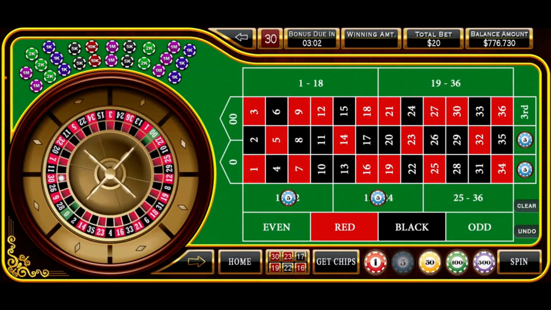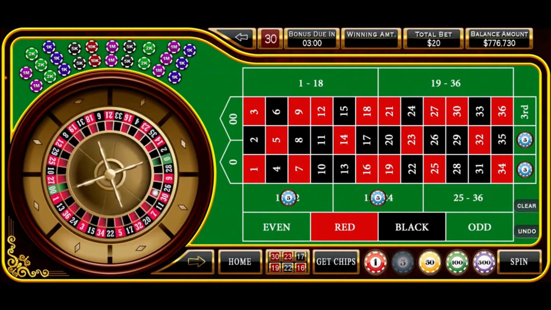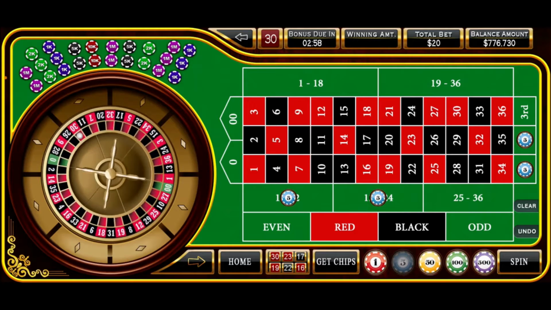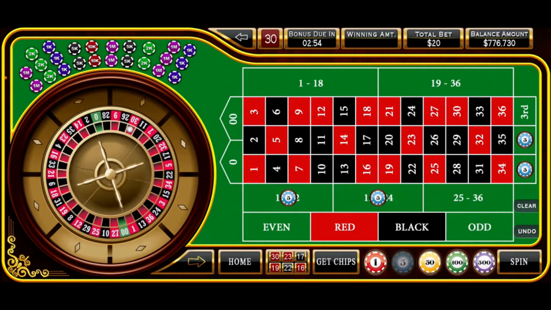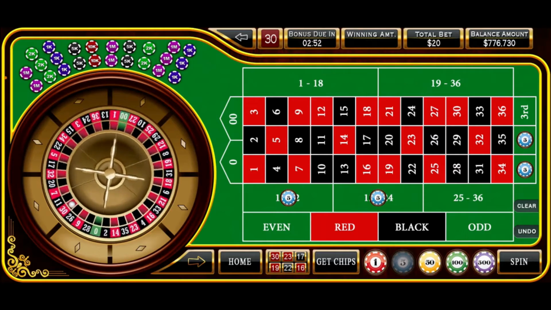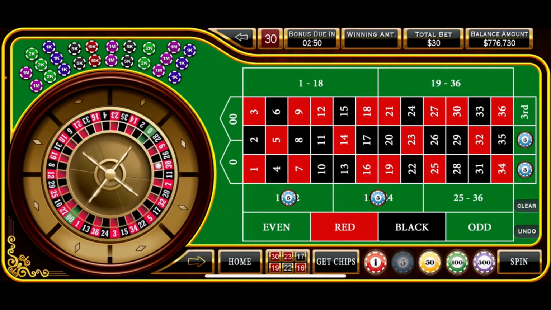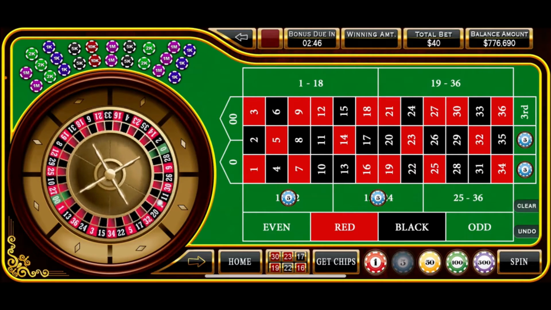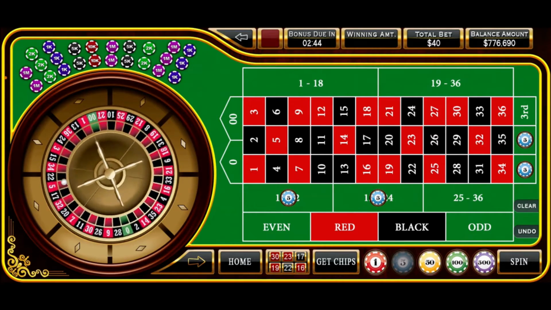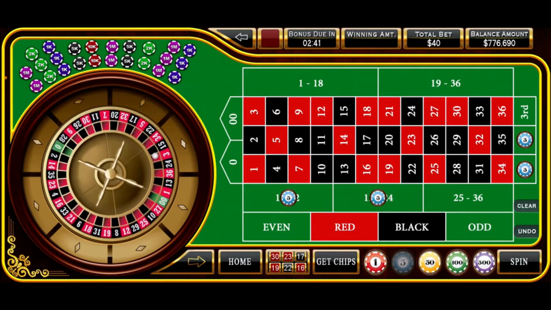Okay, now that's a loser, so on the Fibonacci system we would bet 1 again. However, we're going to skip the first bet and just move right on to the second. So we're going to bet 2 on this one and increase each one of our bets by 1 unit until we get back to our session high. So round and round she goes. Let's see if we can hit a winner here.